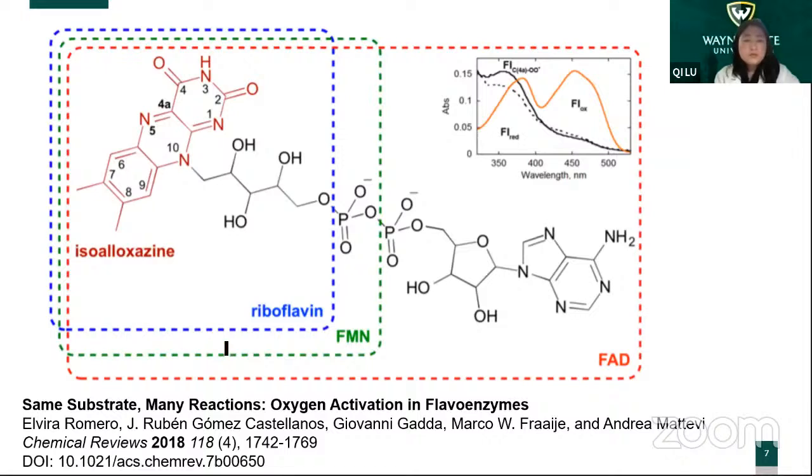This image shows it clearly. This is the central pi system that will sense the light and cause either protonation or electron transfer. The blue box part is riboflavin, adding phosphate gives FMN, and adding nucleotide gives FAD.